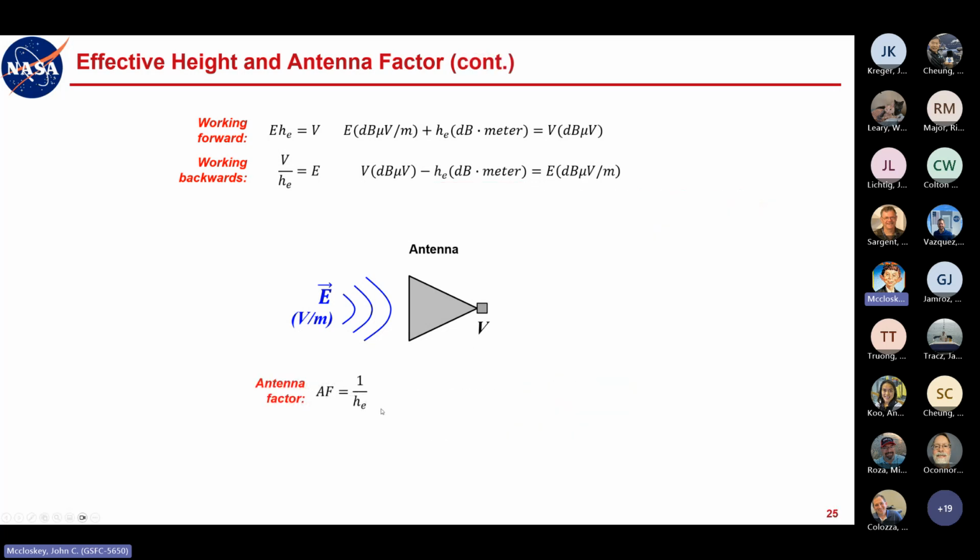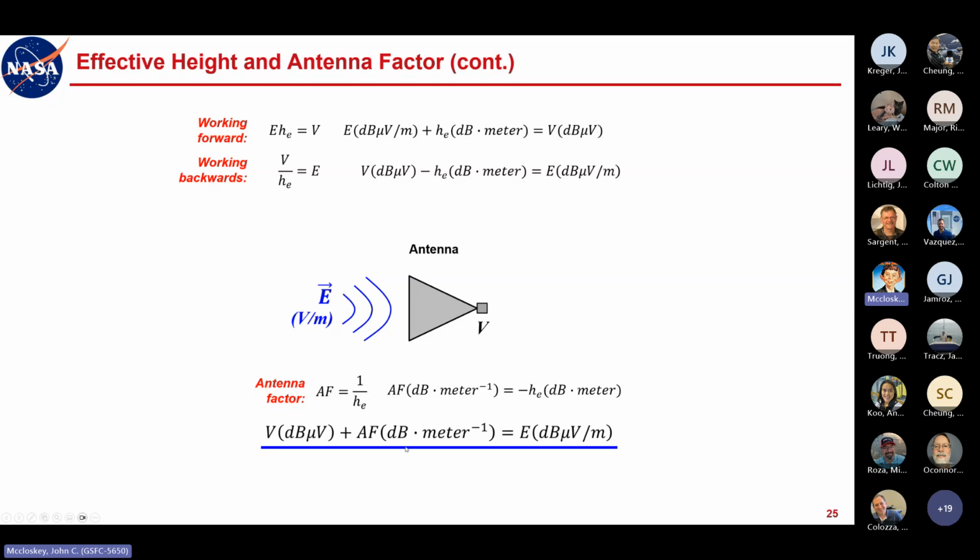There's our antenna factor, which numerically is simply the reciprocal of the effective height. And then in dB space, the antenna factor is just the negative of the effective height. So that becomes the number that you can add in dB space to your measured potential to get the electric field that caused it.